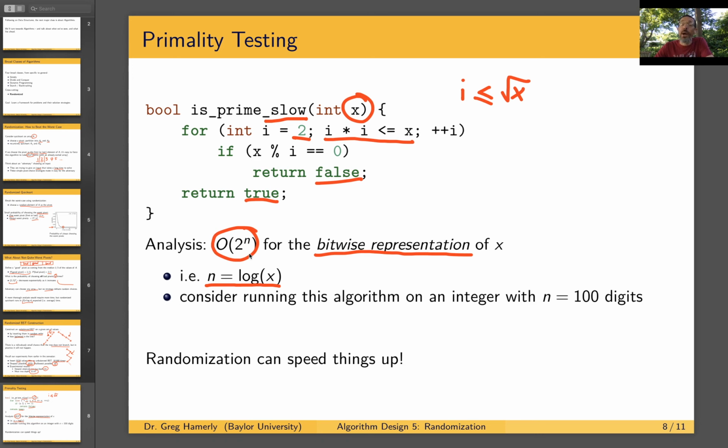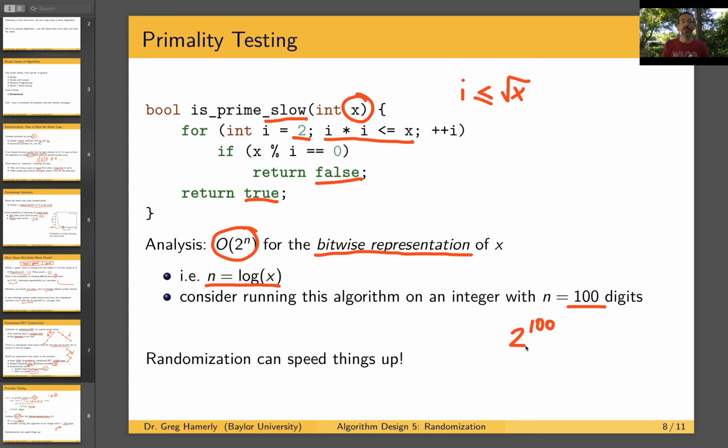And you might say, well, why are we counting the number of bits of x? Well, because if you want to deal with a really large number like 100 digits, then this is going to run in 2 to the 100th time. And that's going to be really slow, even though the number itself only has 100 digits in it. It's fairly small to write down, but the running time is going to be ridiculously large.